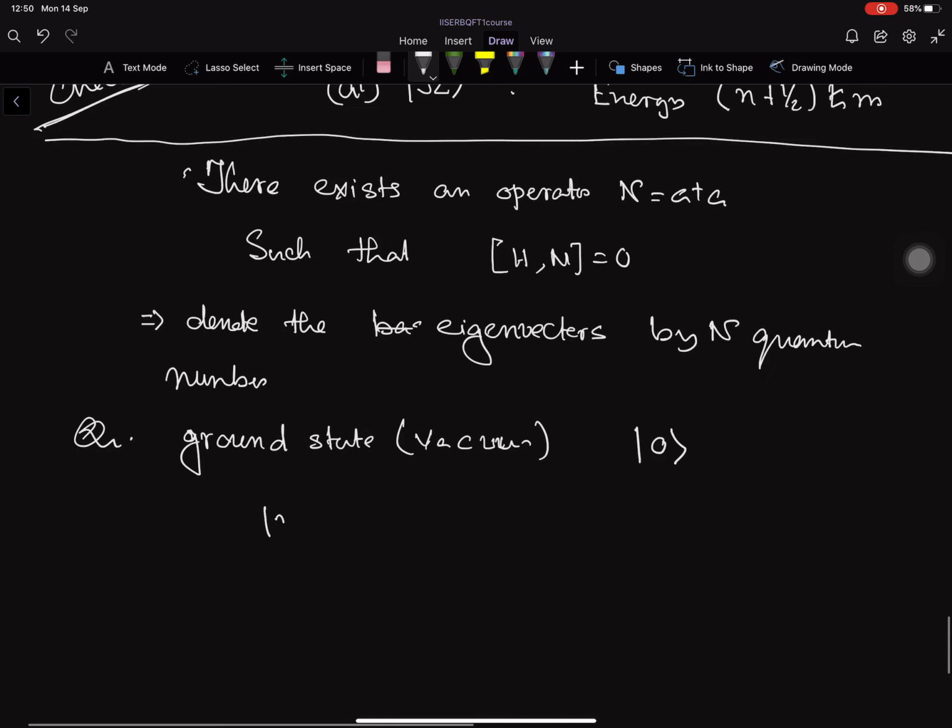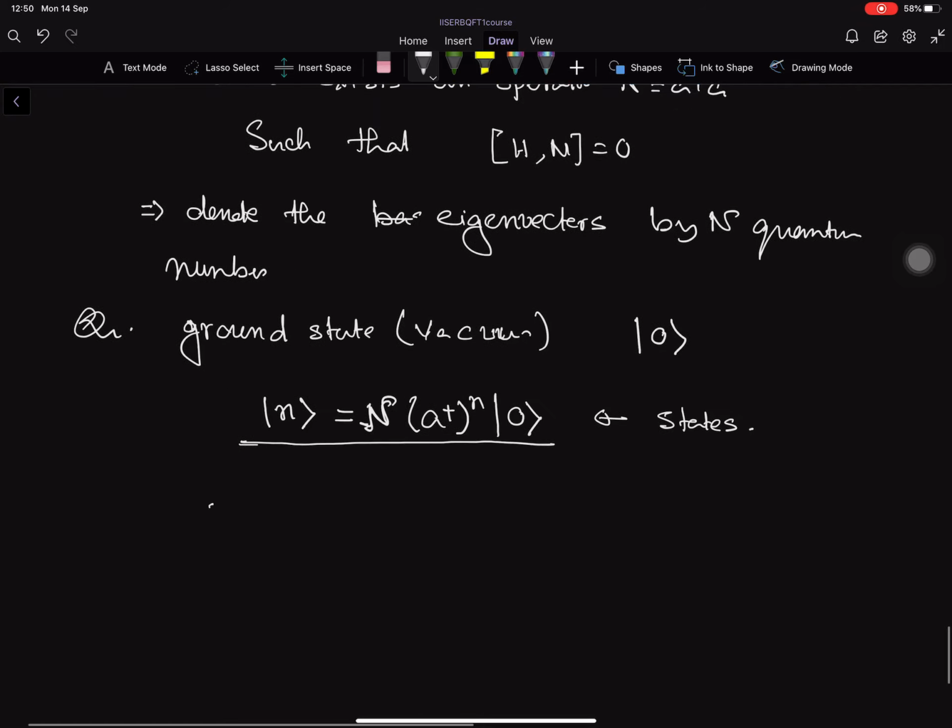And then any higher nth occupation state |n> is simply A dagger to the n acting on the vacuum. Okay, there will be a normalization here. We'll come back to the normalization, and these are the states in the Hilbert space. Okay, these are the states.